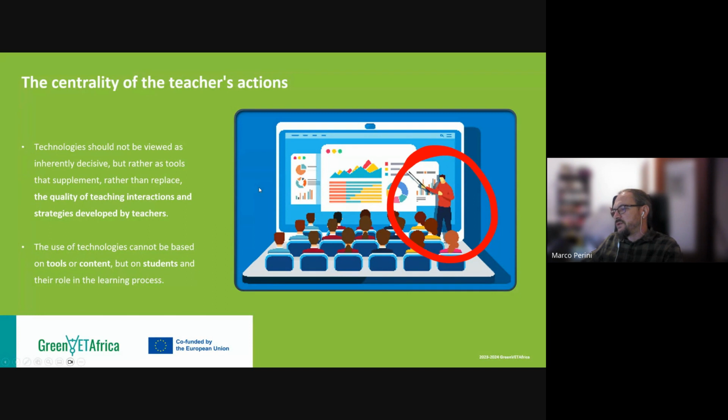So we will talk about technologies for 6 lessons, but we always have to remember that we are centered on the students and on the learning process.